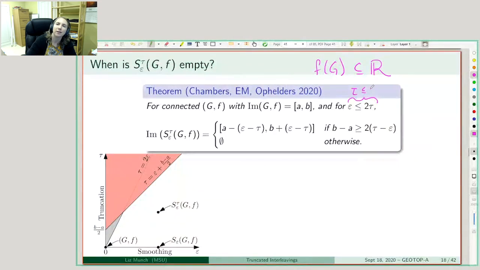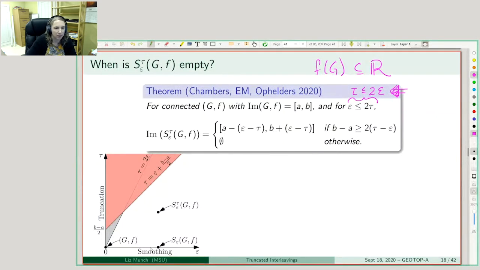We're doing great today. I believe it's tau less than or equal to 2 epsilon. I'm going to double check that before anything gets posted. For tau less than or equal to 2 epsilon, my image, well, it's still non-empty as long as the height of my image is big enough, but it's empty otherwise.